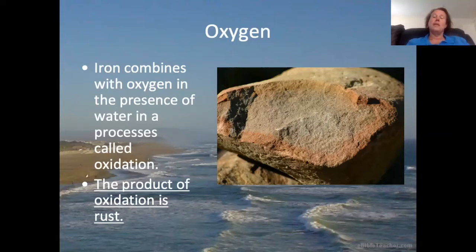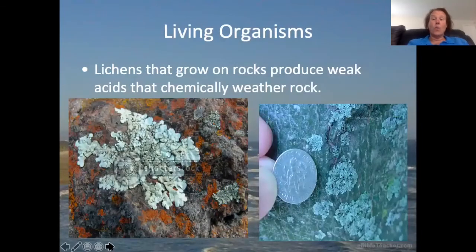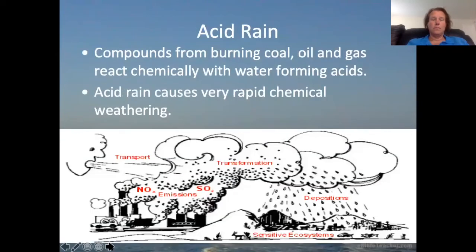And so that would be chemical weathering. Carbon dioxide can cause weathering. Living organisms can cause weathering. That would be chemical. Acid rain can also cause rocks to break down.